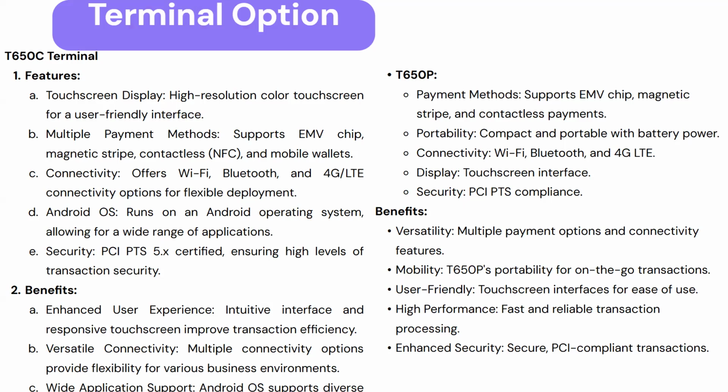Multiple payment methods: supports EMV chips, magnetic stripe, contactless or NFC, and mobile wallets. It offers Wi-Fi, Bluetooth, and 4G LTE connectivity options for flexible deployment. Then this runs on Android OS, an Android operating system, allowing for a wide range of applications.